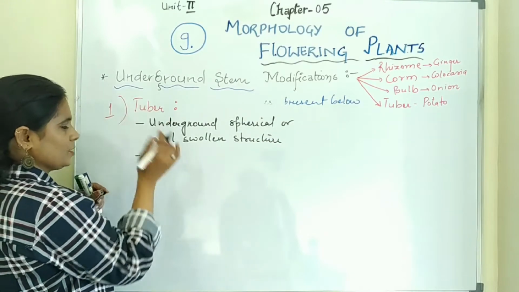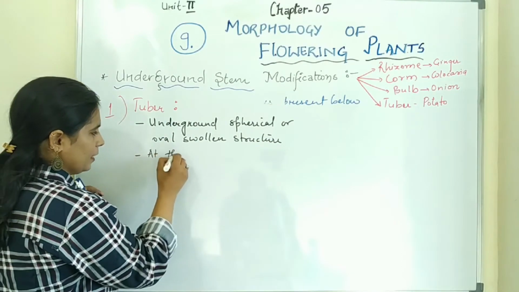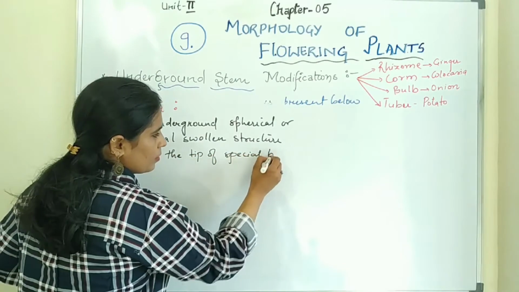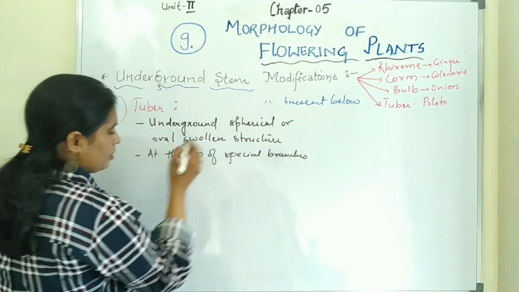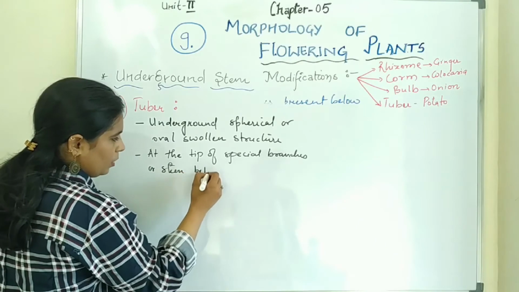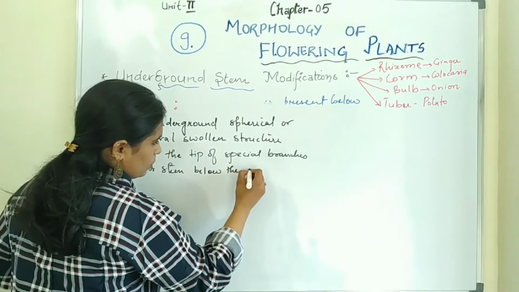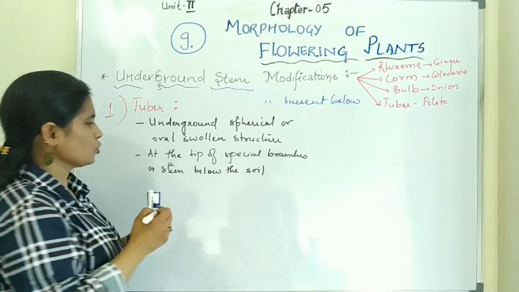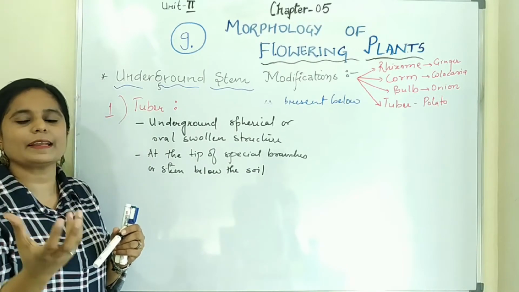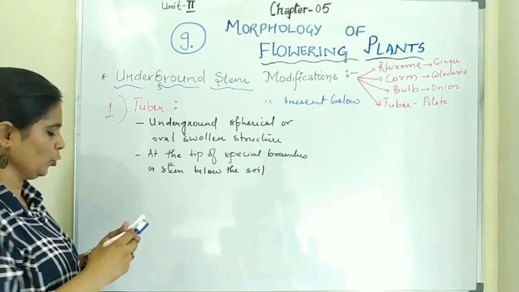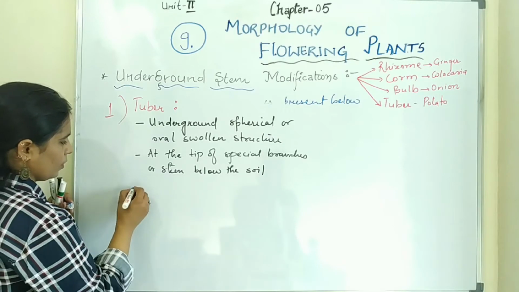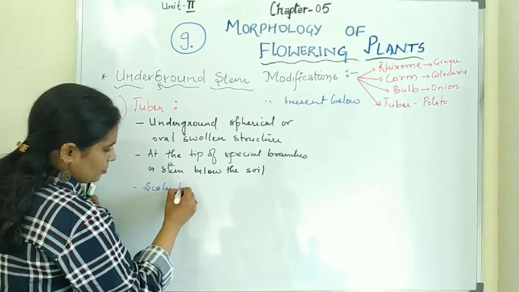You will find these tubers at the tip of special branches or stem below the soil. So what you will see is that there are special branches or stems and their tips will swell and become tubers. What next? Scaly leaves will be present.